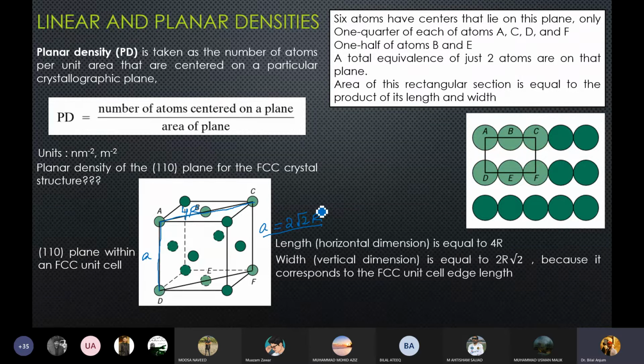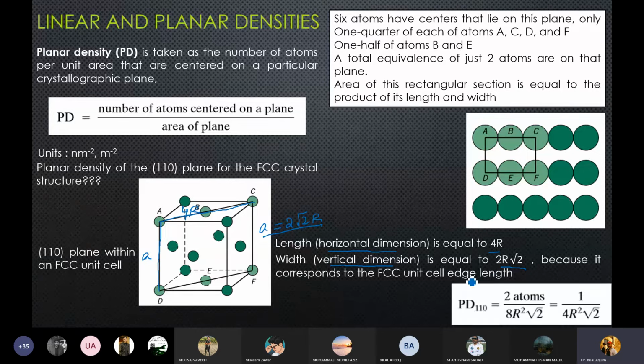So essentially, the horizontal dimension is 4r, and the width, which is the vertical dimension, is 2r under root 2 because it corresponds to the FCC unit cell edge length. So the planar density for the plane 110 is essentially 2 atoms divided by 8r square under root 2, which is 4r multiplied by 2r under root 2. This is the planar density.